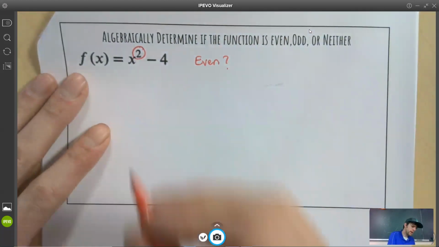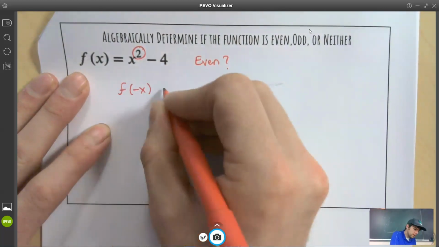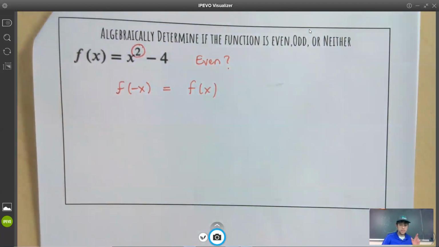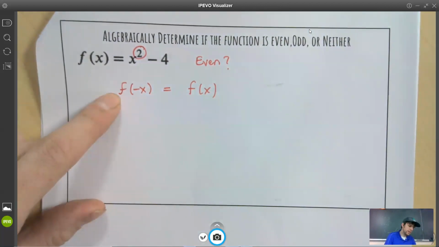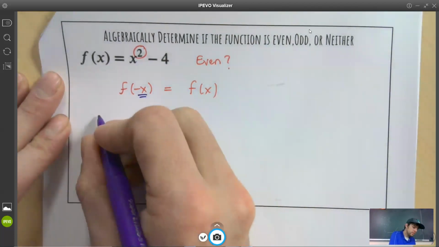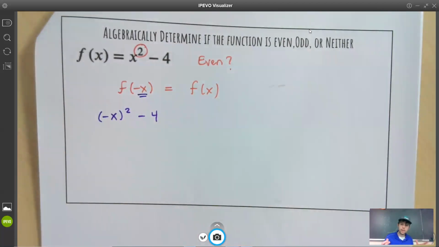Okay, let's run through that again. Remember, the definition of that is that f of negative x is equal to the original function f of x. Let's simplify this down a little bit and figure out what this is equal to. Again, we're replacing the x's with negative x's: negative x to the 2nd power minus 4. Not a lot to do here.